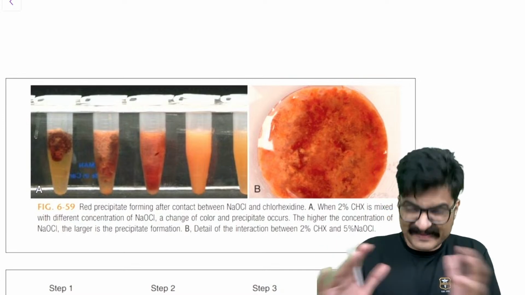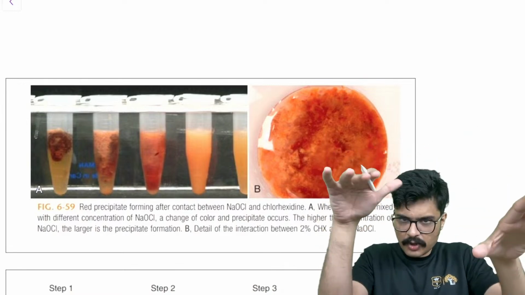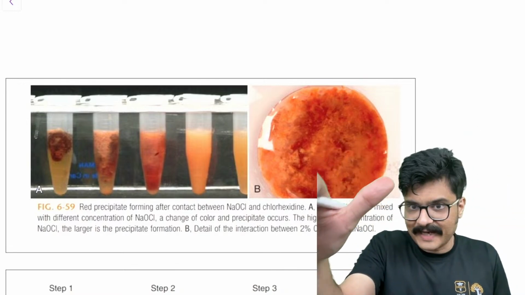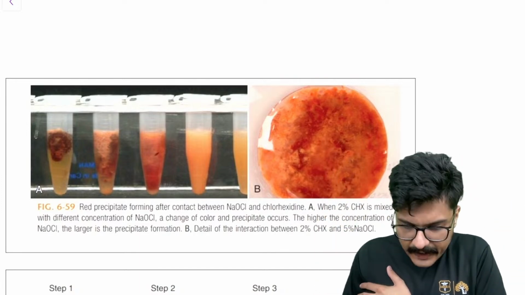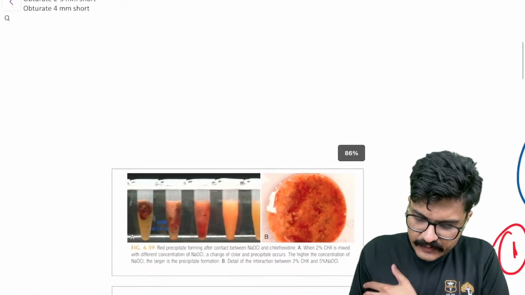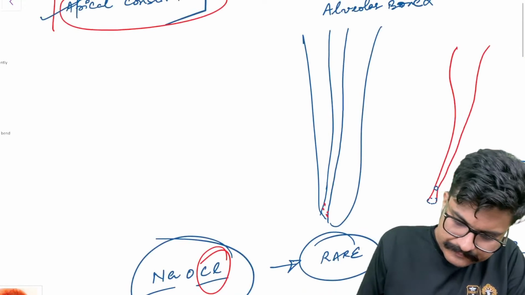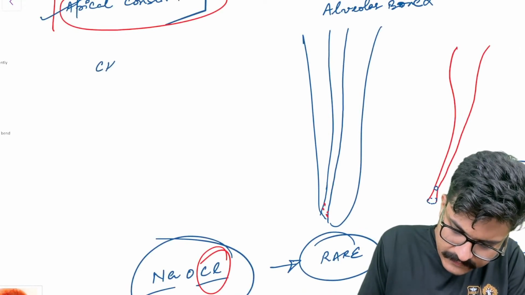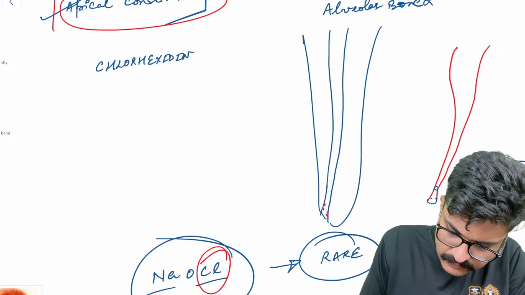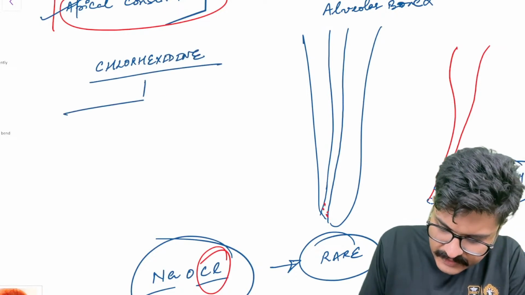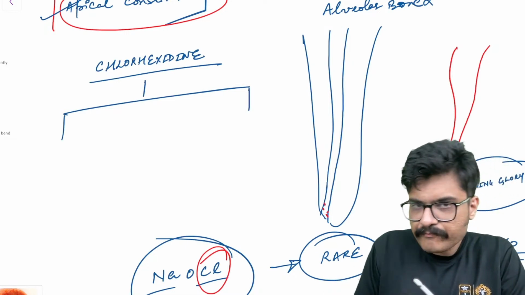So please remember, in these kind of precipitate type questions, the starting point of your irrigation is not hypo, it's Chlorex. I'll tell you a mnemonic for remembering this. Start with Chlorex, and make a T here with subdivisions.